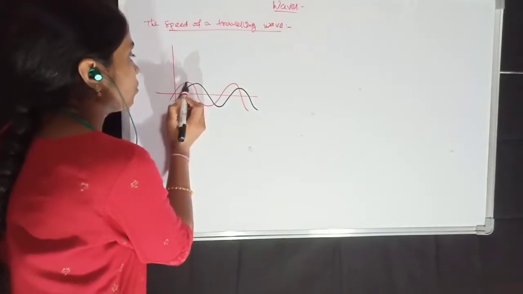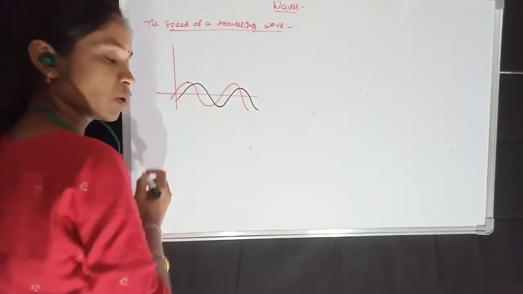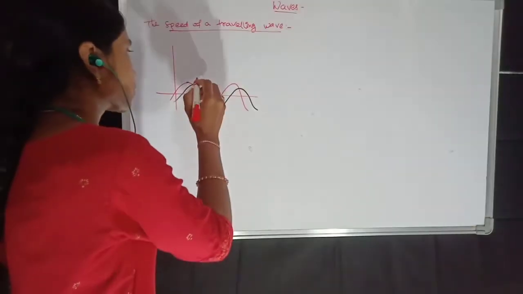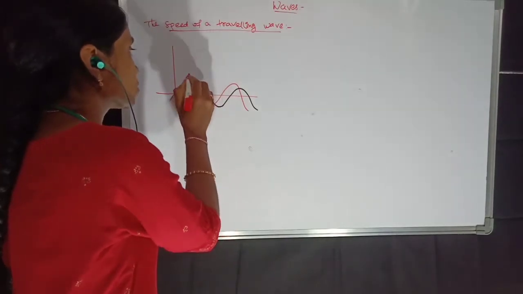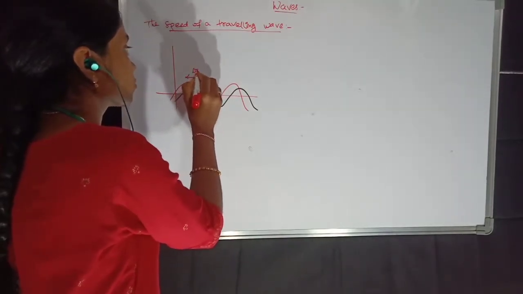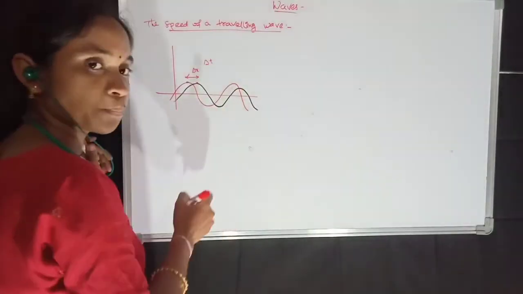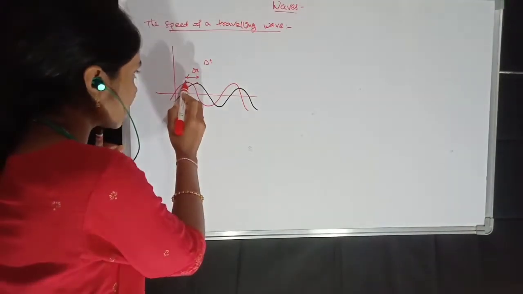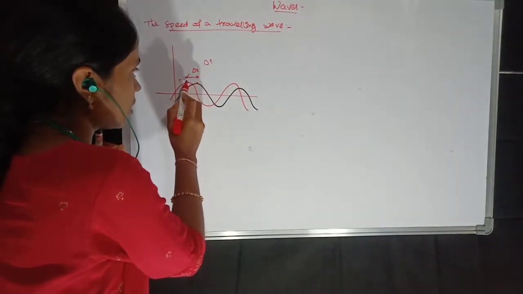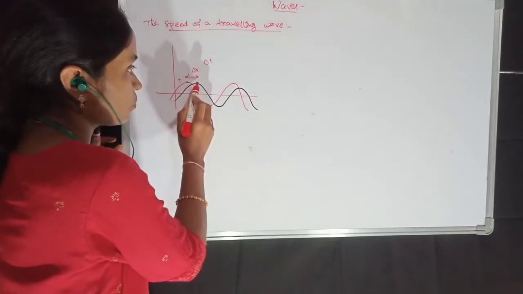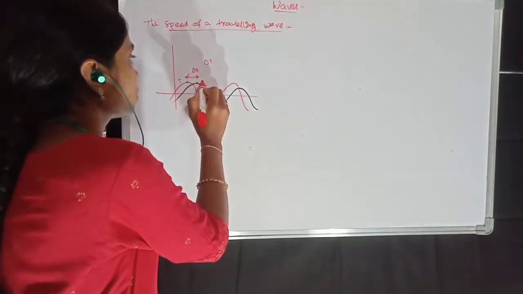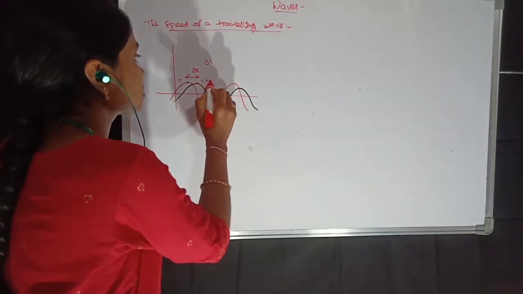This dot moves a distance of delta x in delta t time. So here the time is t, and when the dot has moved to this point, the time is t plus delta t.